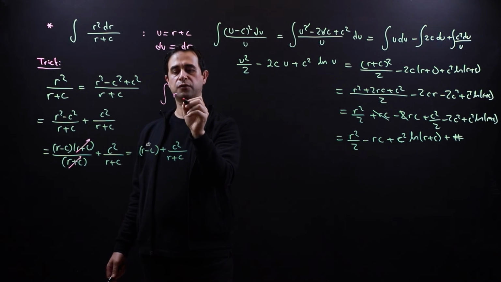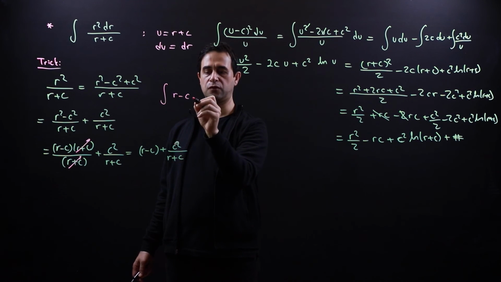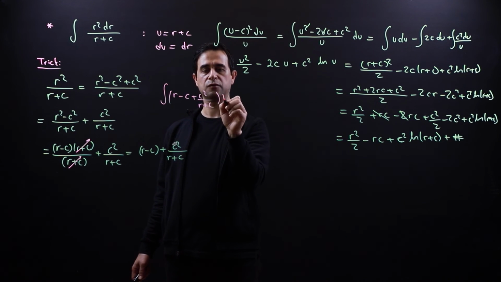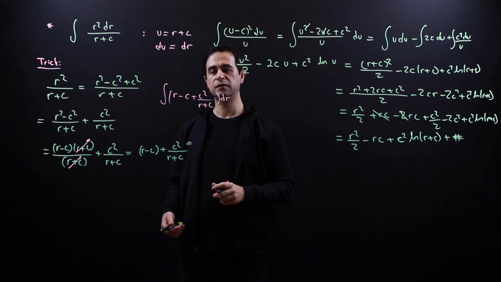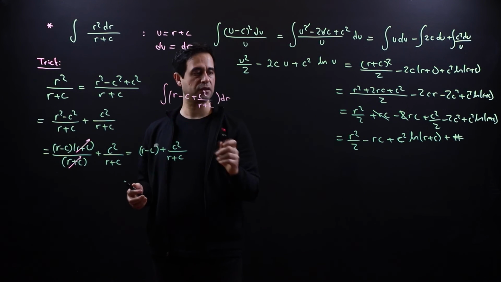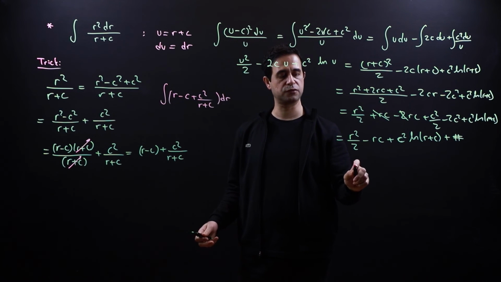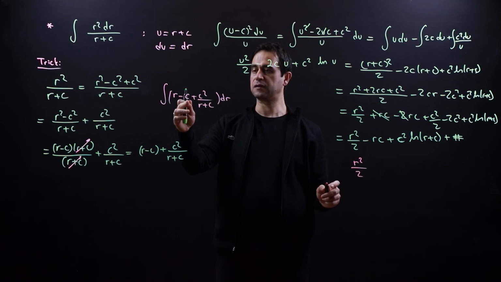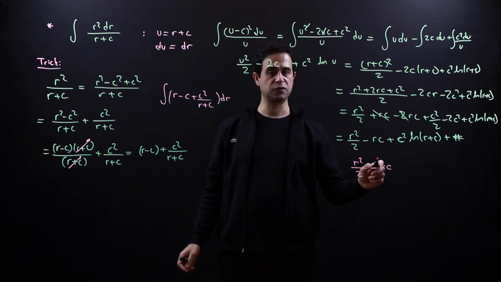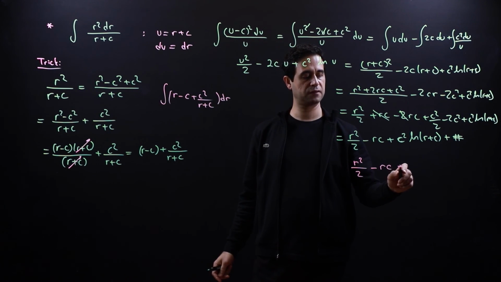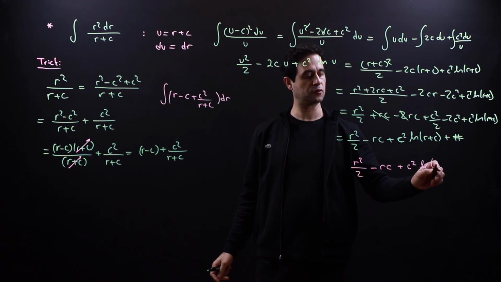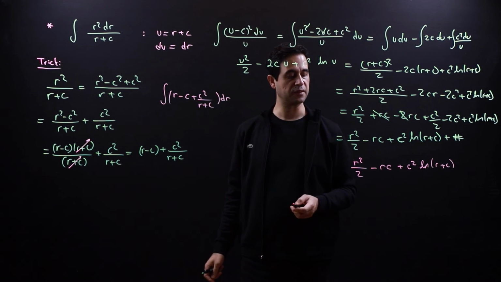So I have r term minus c term plus c squared divided by r plus c term, and I'm going to integrate that with respect to r. And the first term is going to give me r squared over 2. The second is going to give me c times r. And the last term is going to give me c squared times a logarithm, because the integral of dr over r plus c is logarithm of r plus c.